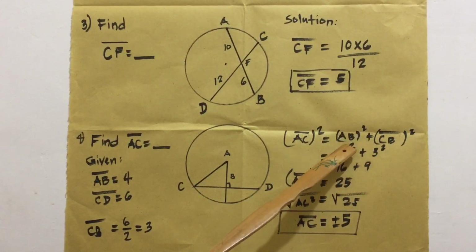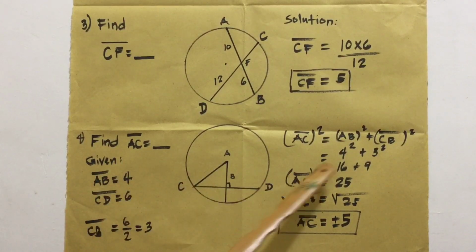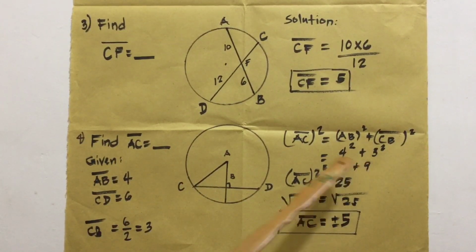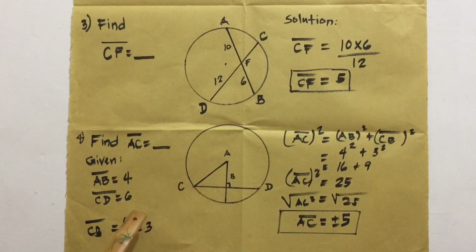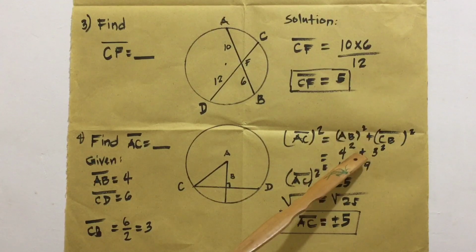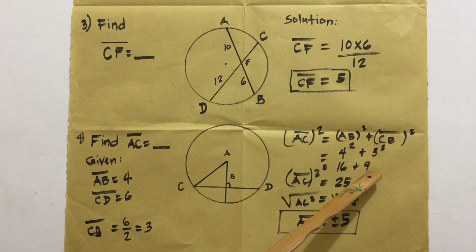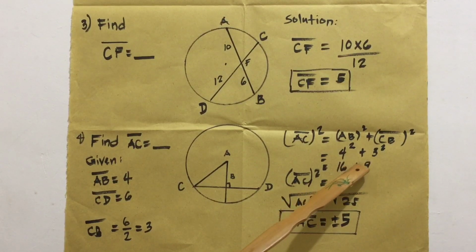Segment AB is 4, squared, plus segment CB, which is 3, squared. Then we extract the exponents: 4 times 4 equals 16, 3 times 3 equals 9. Then we add 16 plus 9 equals 25.